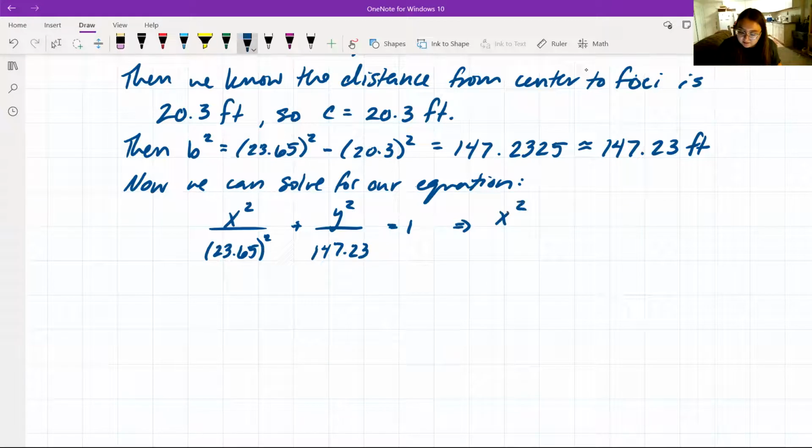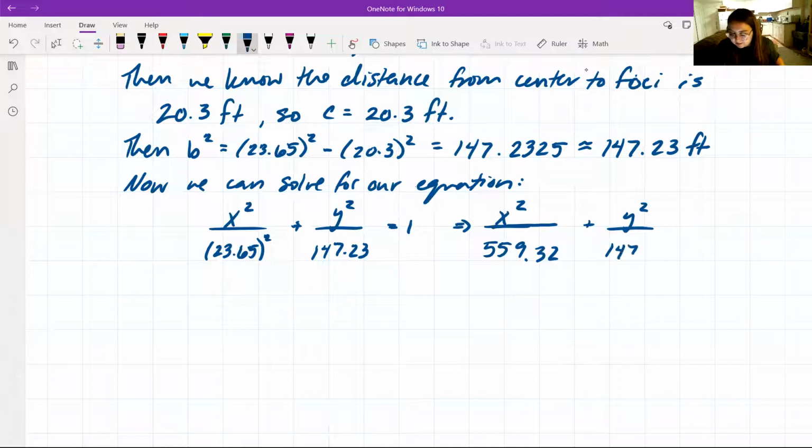You can also write this as x squared divided by 559.32 plus y squared divided by 147.23 is equal to 1.